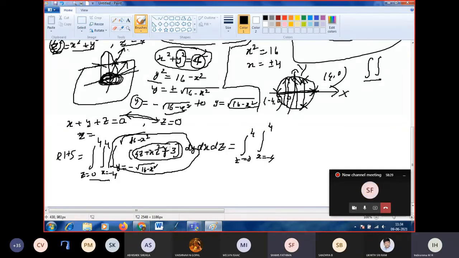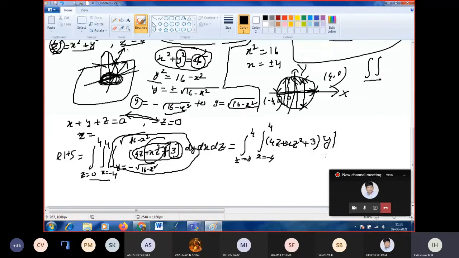All the terms are constant, no? 4z is also constant, xz square is also constant, 3 is also constant. It looks like A with respect to y, correct? 4z plus xz square plus 3 into y. Yes, correct. A into y.